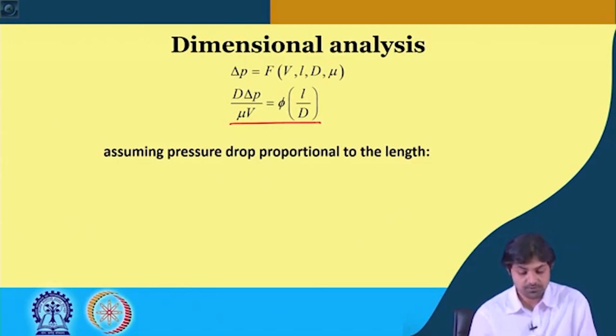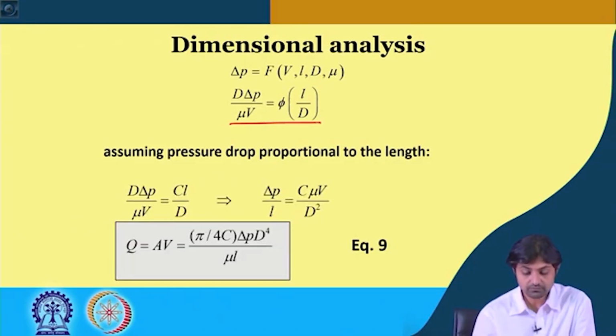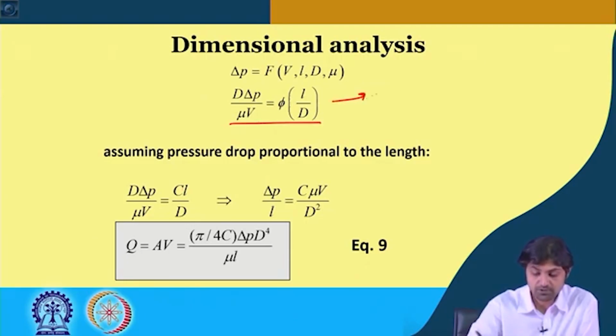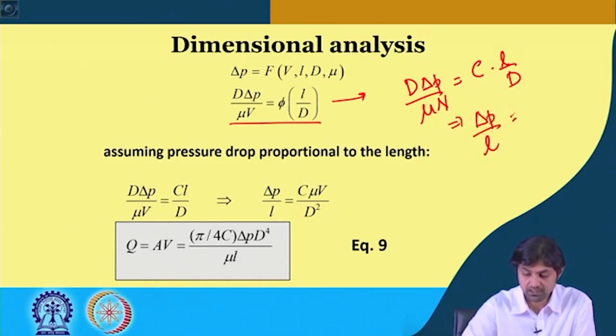Now assuming that the pressure drop is proportional to the length, we say that D delta p by mu V is some function of L by D, but we say it is directly proportional to the length, so we write a constant C into L by D. Therefore we can write delta p by L, with L brought to this side and other parameters on that side.